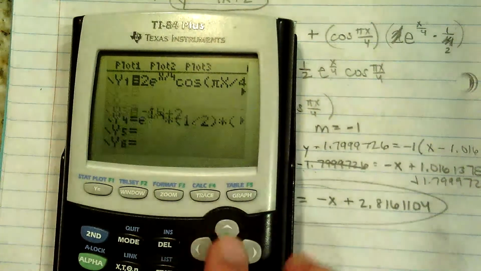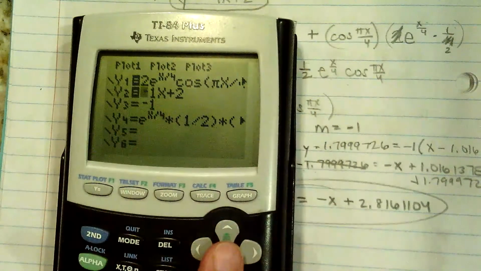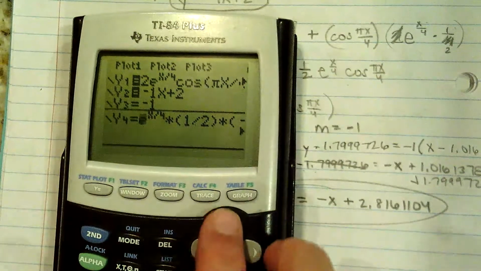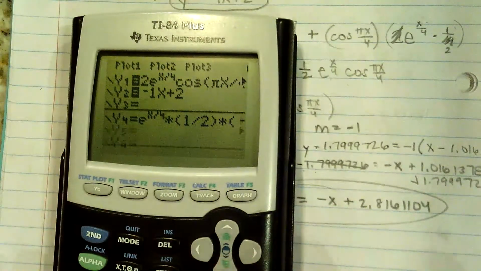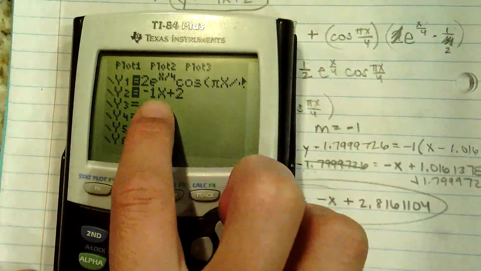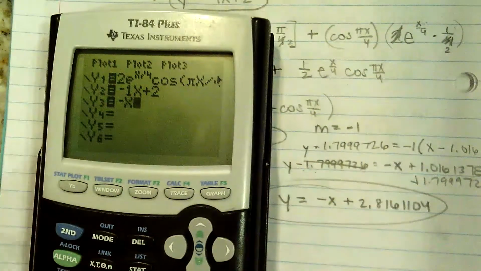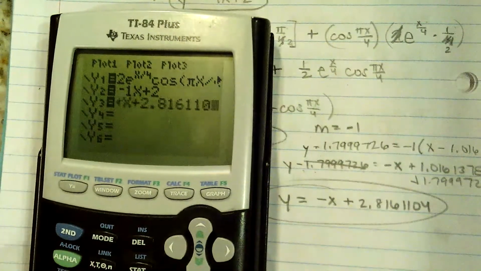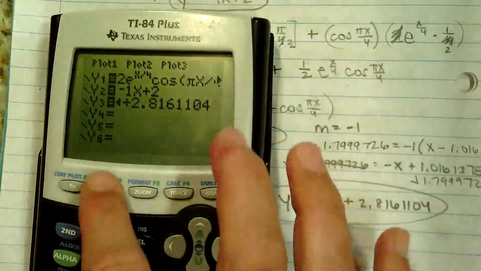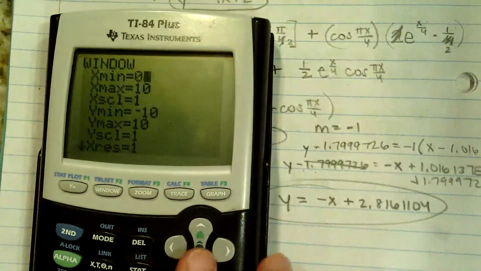Okay, moment of truth. So there was my original, there was my average rate of change, secant line rather. Original, secant, and negative x plus 2.81611104. And my window is from 0 to 2.